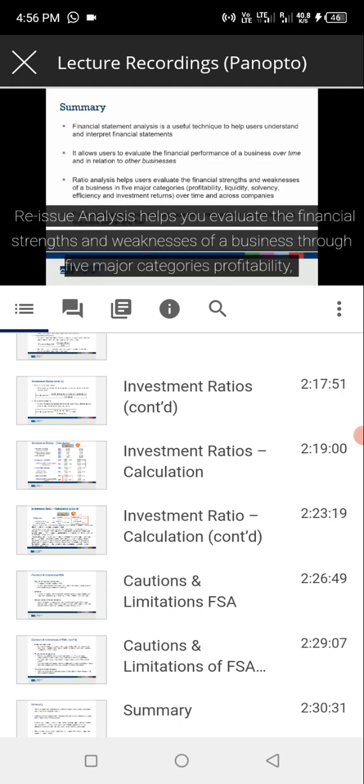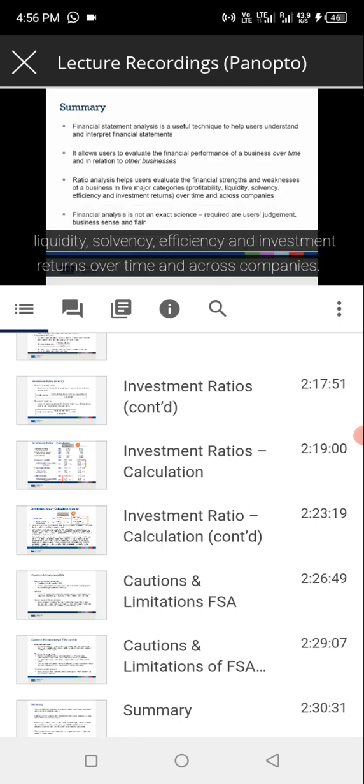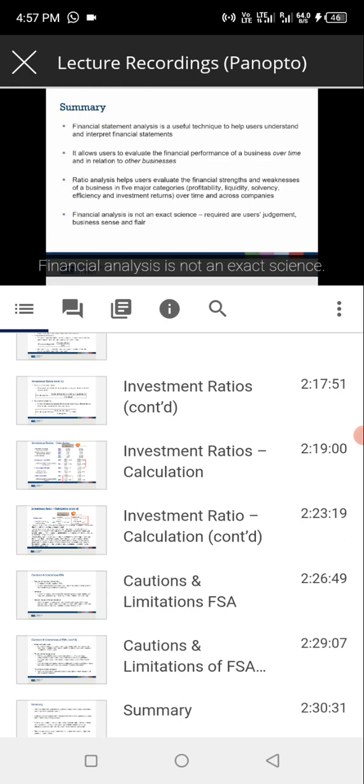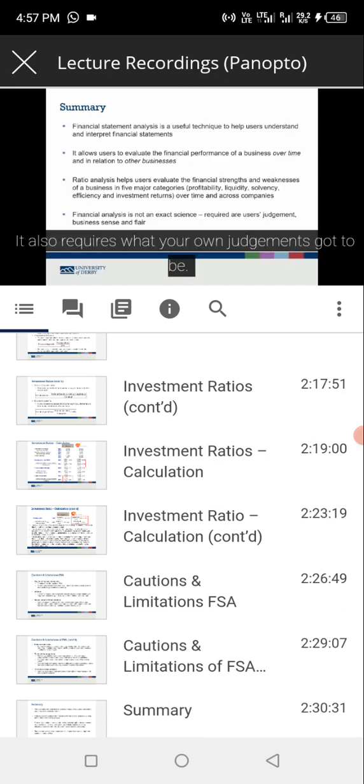Ratio analysis helps users evaluate the financial strengths and weaknesses of a business in five major categories: profitability, liquidity, solvency, efficiency, and investment returns over time and across companies. Financial analysis is not an exact science. It also requires what? Your own judgment. Is that okay? So it requires your judgment.